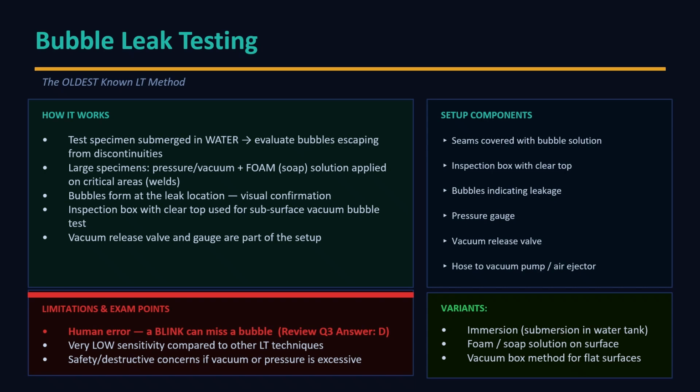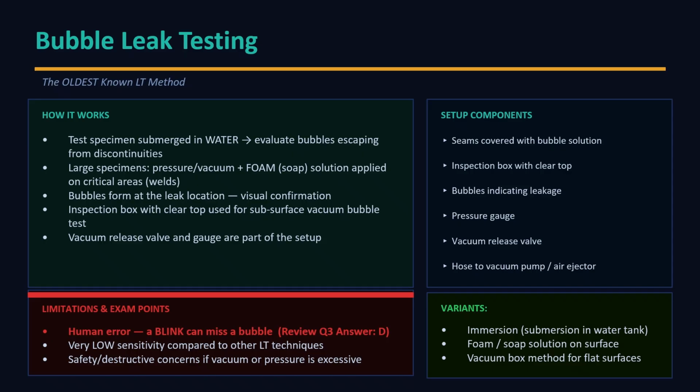Now, inspectors, let's begin with the oldest leak testing method ever used in industry: bubble leak testing. Even though this technique is simple, don't underestimate its importance. Today, bubble testing is still widely used in pressure vessel fabrication shops, piping systems, storage tanks, heat exchangers, boiler components, and field construction projects.